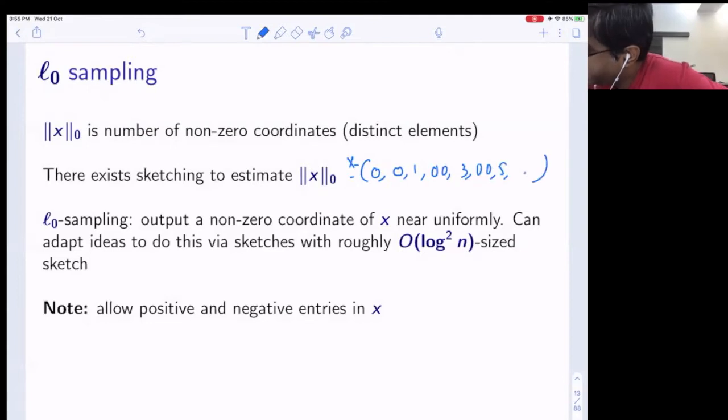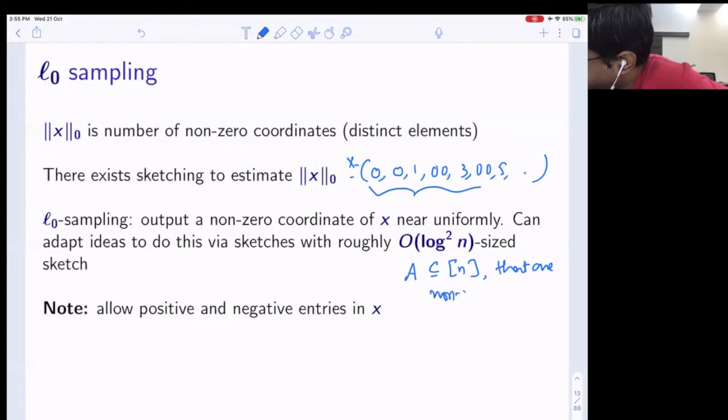I would like to give you one of the non-zero coordinates. Let A be the subset of coordinates 1 to n that are non-zero.